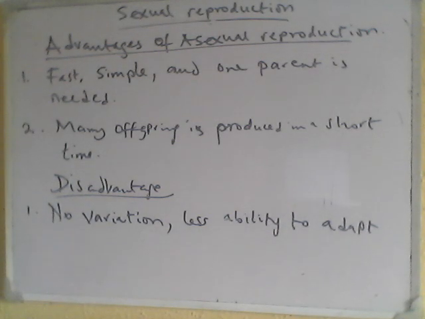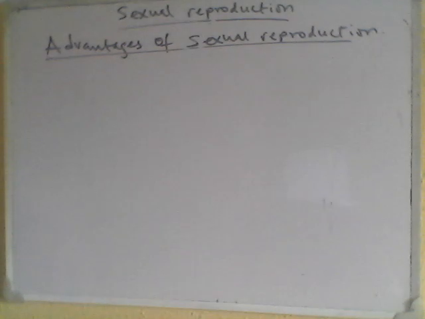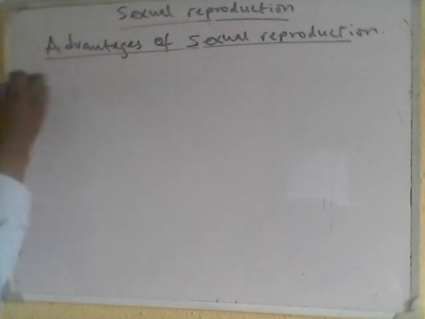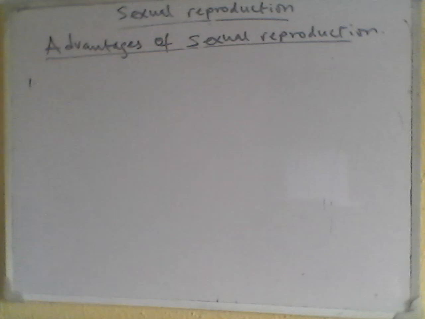Now we'll also look at the advantages of sexual reproduction. The advantage is that variation leads to evolution and adaptability. By the time you bring the gamete of the male and the female and every gene and chromosome attached to it, the offspring is slightly different from each of the parents.